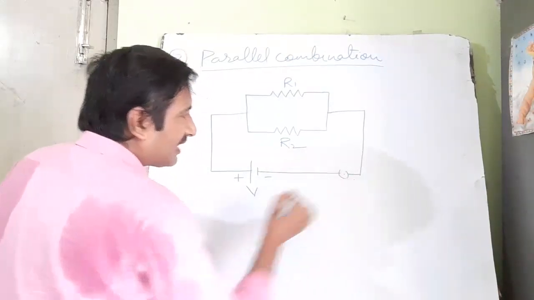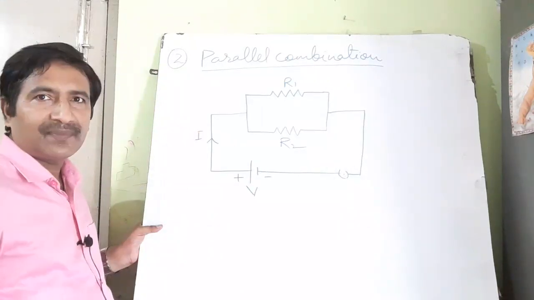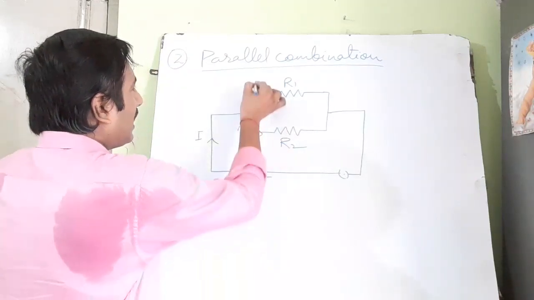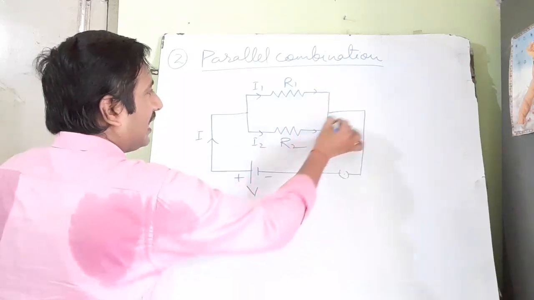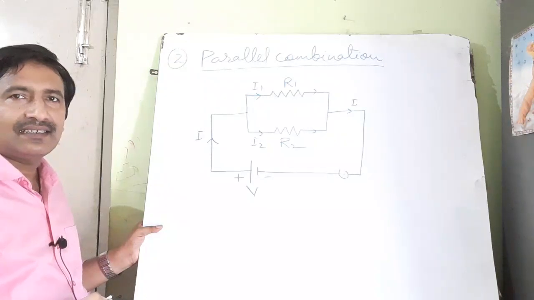Whenever we switch on the circuit, a current I starts flowing through the circuit, and this I is distributed into two parts here. One is I1 and other is I2, and they again combine here to become I.